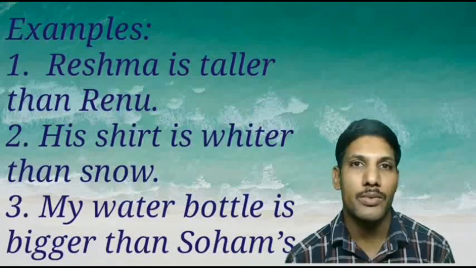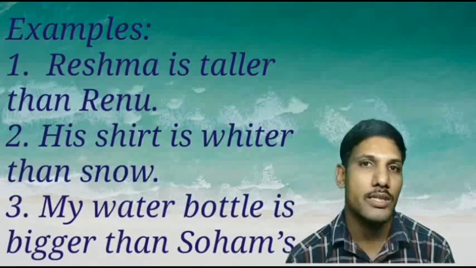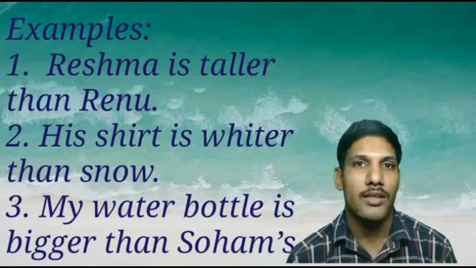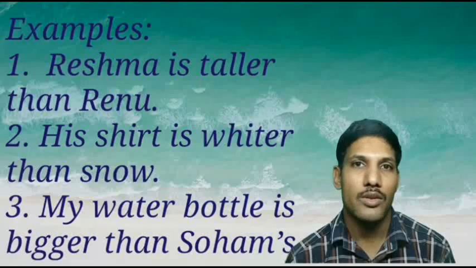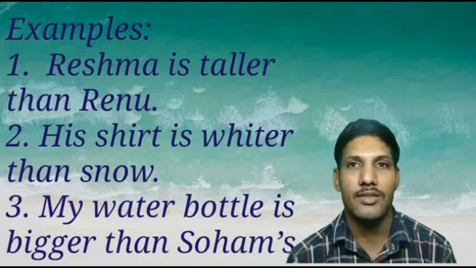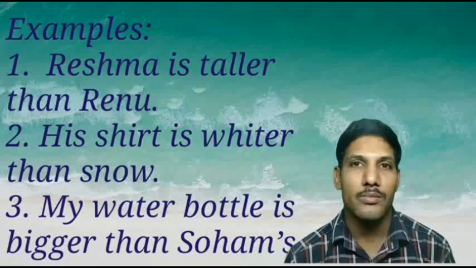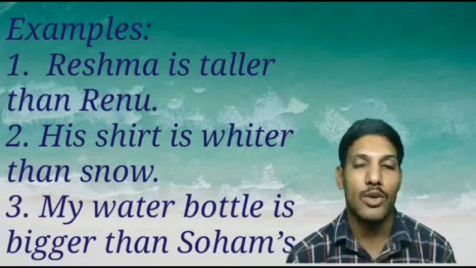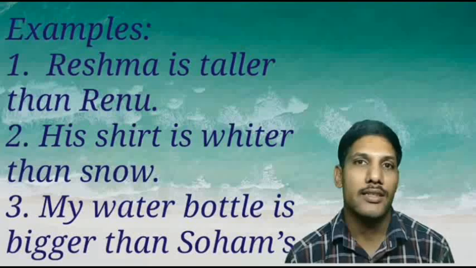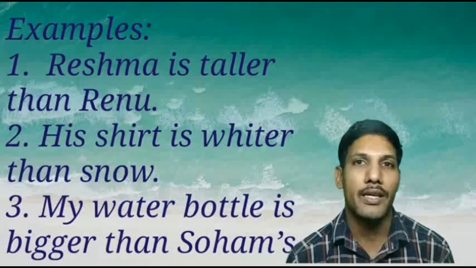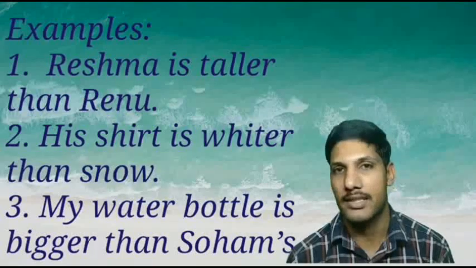But we are informed that the shirt is whiter. That means the snow is not as white as his shirt. The next example. My water bottle is bigger than Soham's. Again, the size of the water bottles are compared, but my bottle is bigger in size.